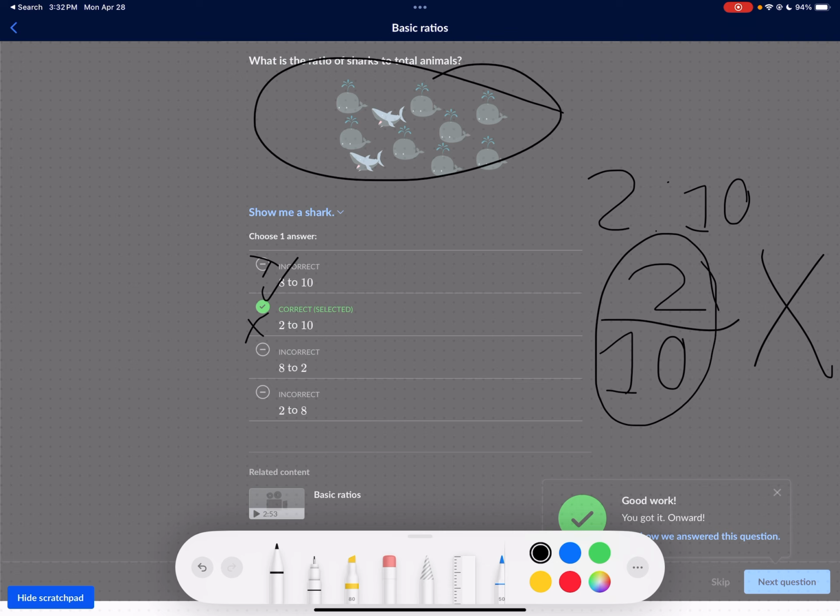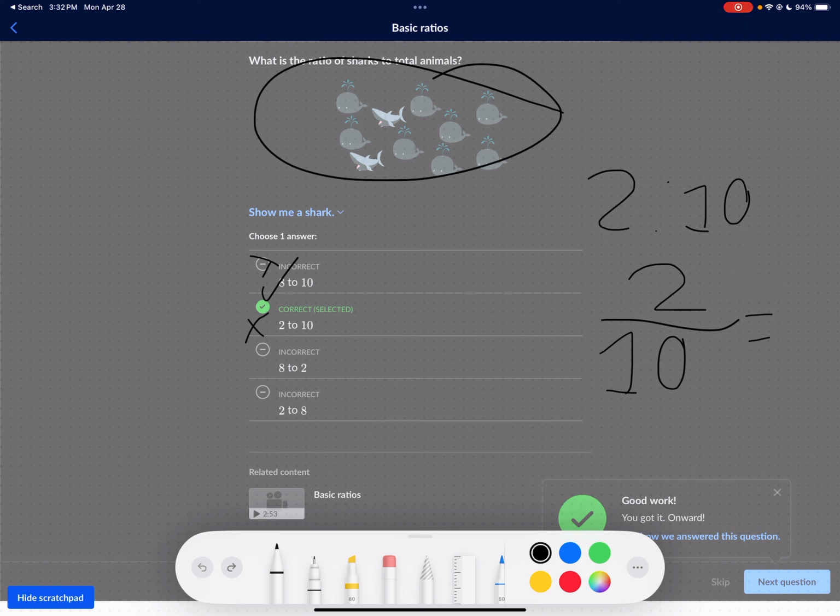To simplify a ratio, we have to divide by a common factor. All even numbers have a factor of 2. So if we divide 2 and 10, we get 1 to 5, because we divided by 2 on each side. It must be 2 and 2 only.